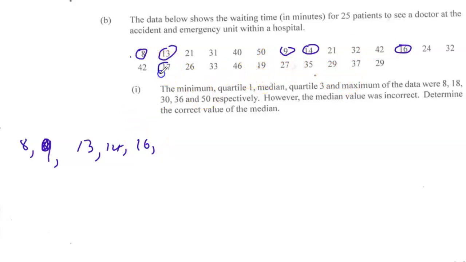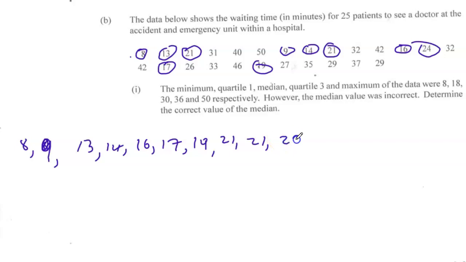So 17, 18, 19, 20. 21 is there twice. There are 22, 23, 24, 25, 26.